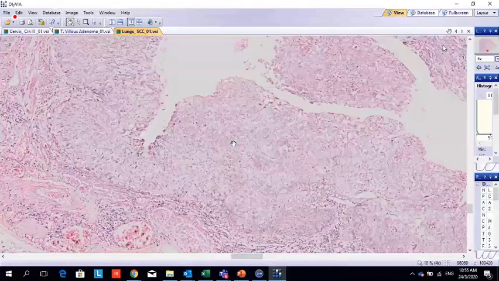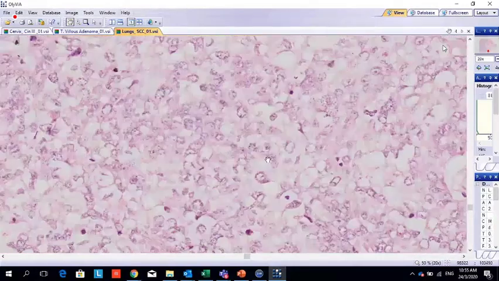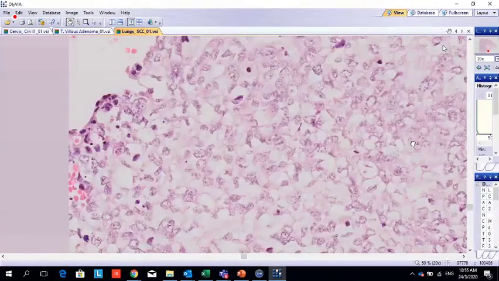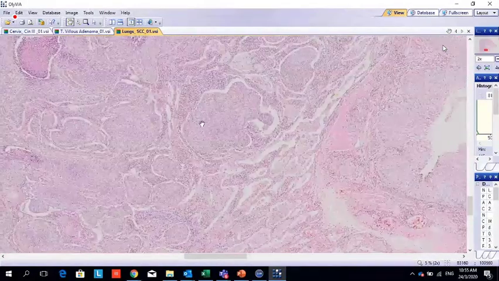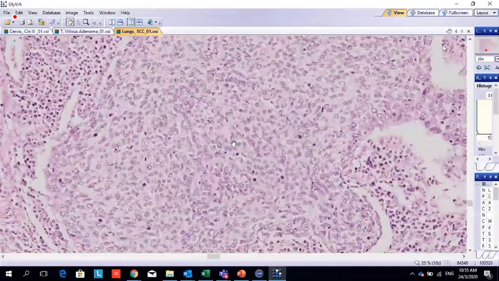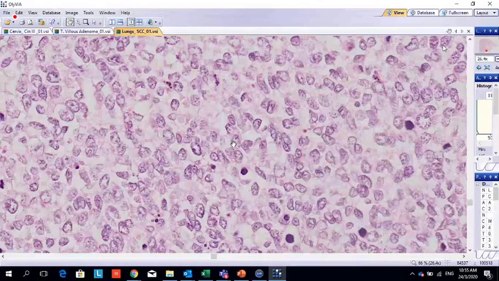Also look at the cells. Look at the nuclei. They are the same as those in the alveoli, right? We compare between both. Same, isn't it? That means they actually arise from that bronchus, which is this metaplastic bronchus.